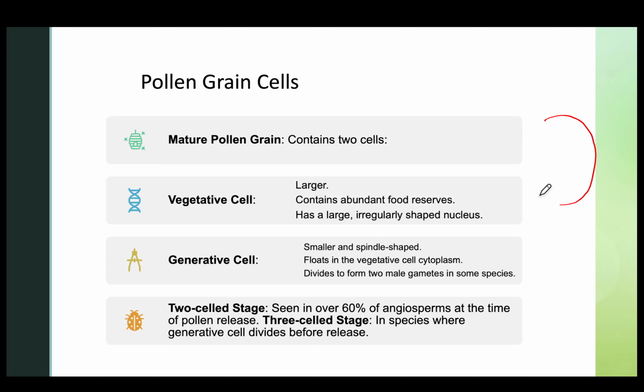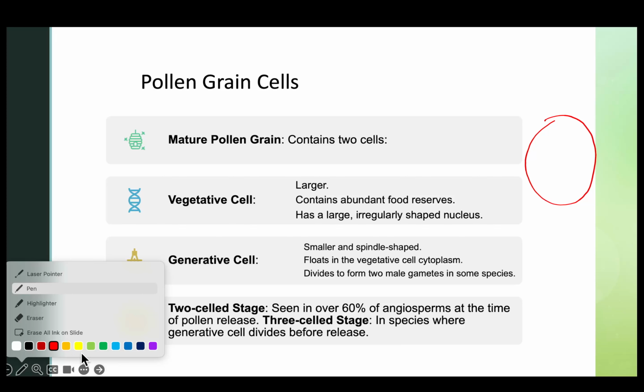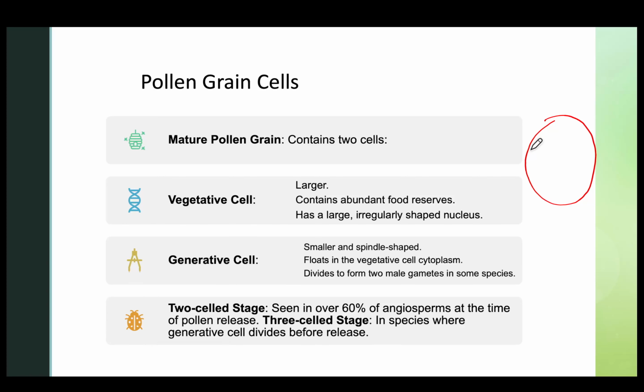So the bigger cell which is present inside the pollen grain is what? It's a vegetative cell. And inside the vegetative cell, an irregular shaped nucleus is also present.